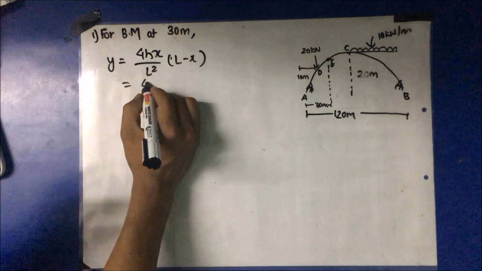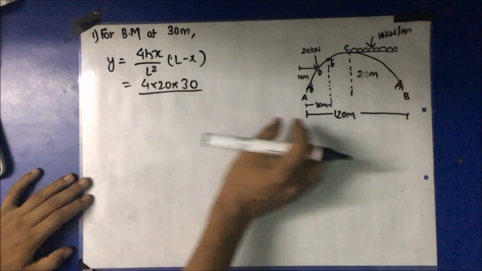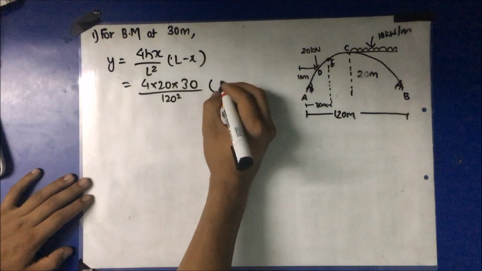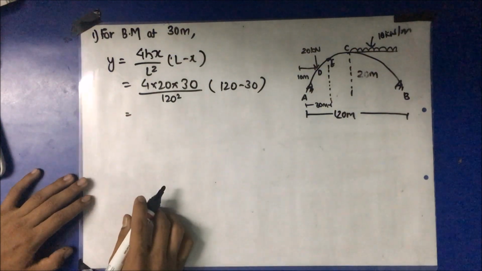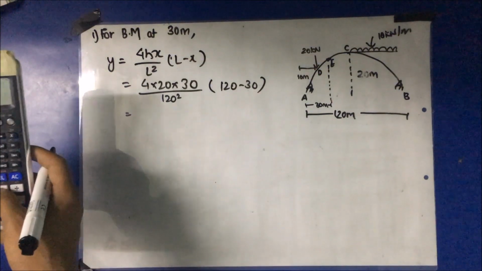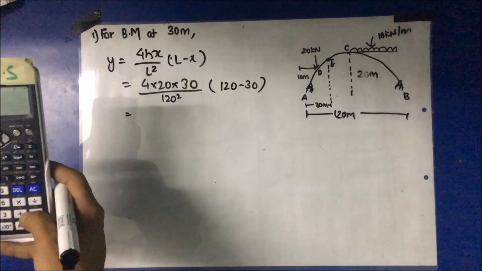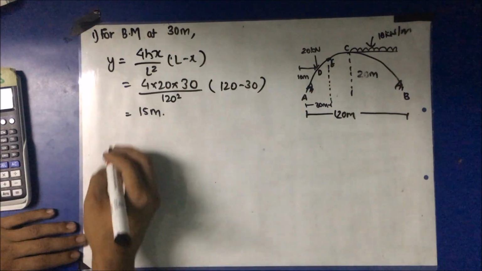We know the value for h, that is 20, x being 30 meter, l square, that is 120 squared, and l minus x is 120 minus 30. So we get y as 4 multiplied by 20 multiplied by 30 divided by 120 square multiplied by (120 minus 30), so this being 15 meter.